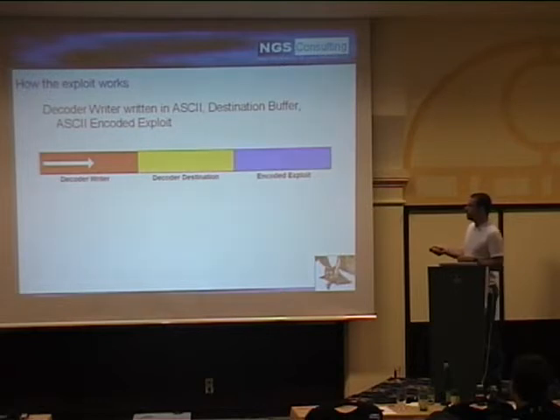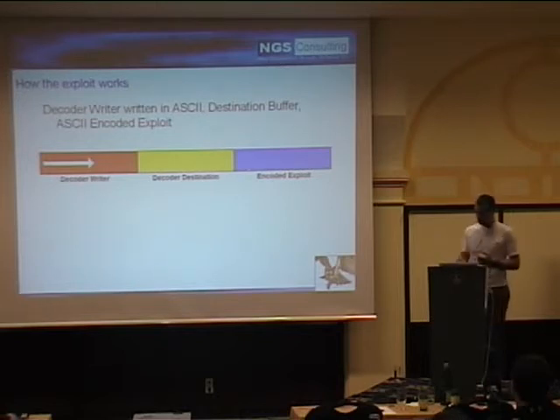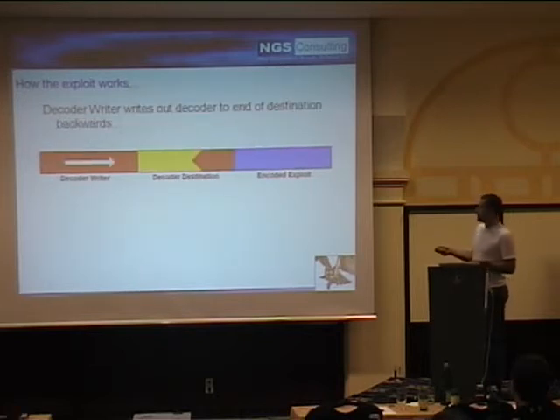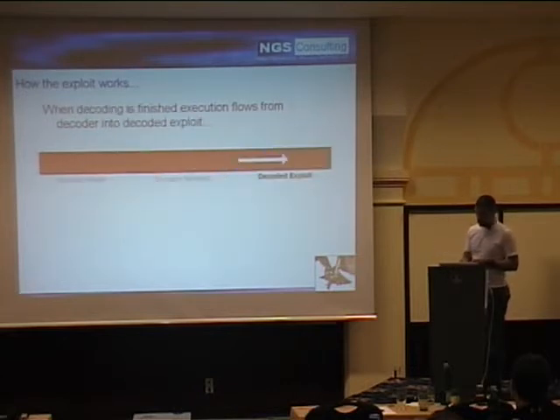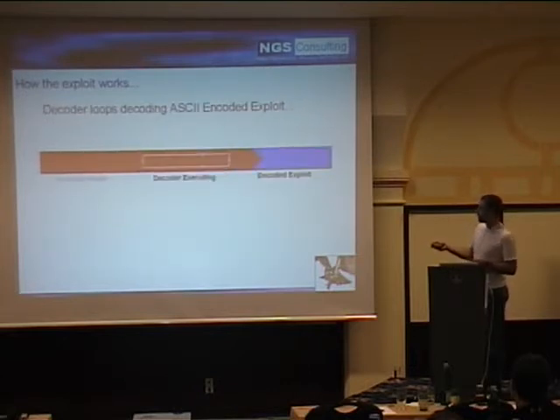So the exploit, when it begins, has the decoder writer, a buffer, a destination for the decoder when it gets written out, and the encoded exploit. So when the decoder writer executes down this way, it starts writing the decoder out this way. Eventually, the two join, and when the two join, execution continues from down here onwards. And obviously, all the decoder does is loop, decoding this stuff here.